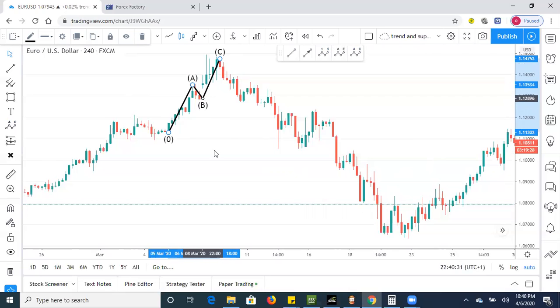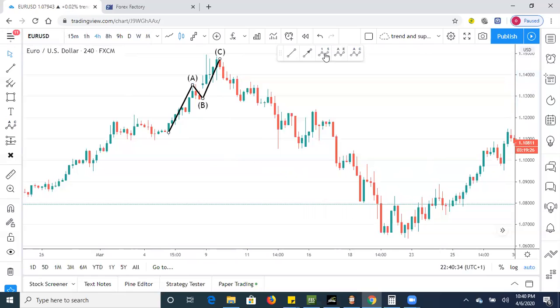And now, all of a sudden, we notice price trading below point B. Once price trades below point B, we say structure has been broken. We say structure has been broken because we expect point 1 to make a U-turn between C and B, but it didn't. It came lower than B, meaning structure has been broken.